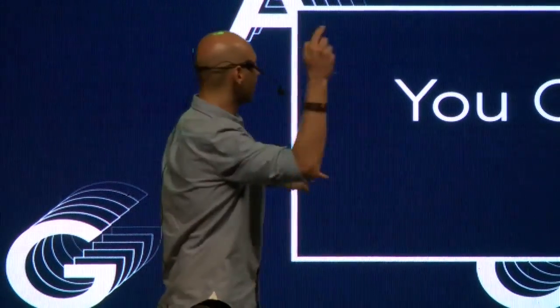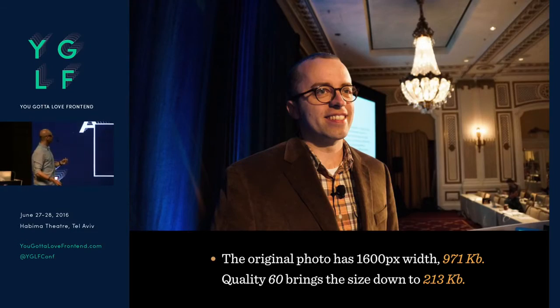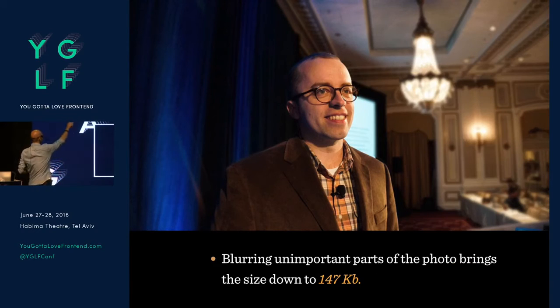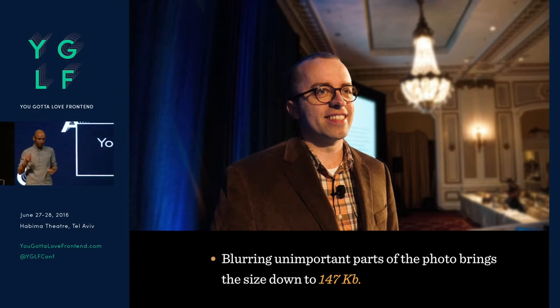But if we compare this image to this image, the difference is 80 or 70 kilobytes. Did you spot the difference? The only thing that we changed is blurriness around this picture. But it actually helps us bring down the photo by another 60 or 70 kilobytes, which is really cool, right?